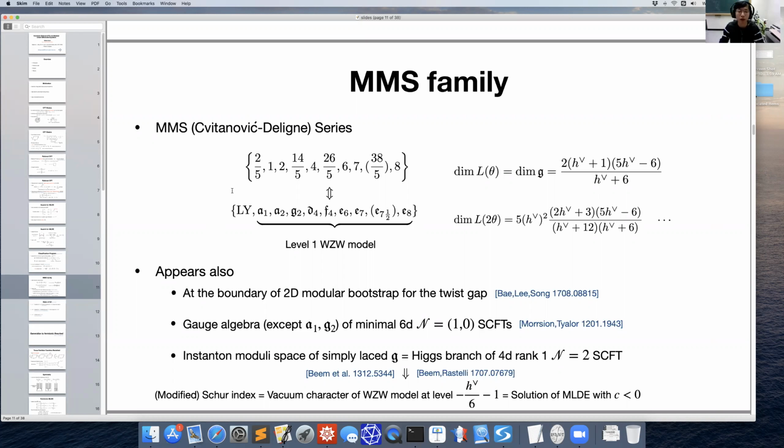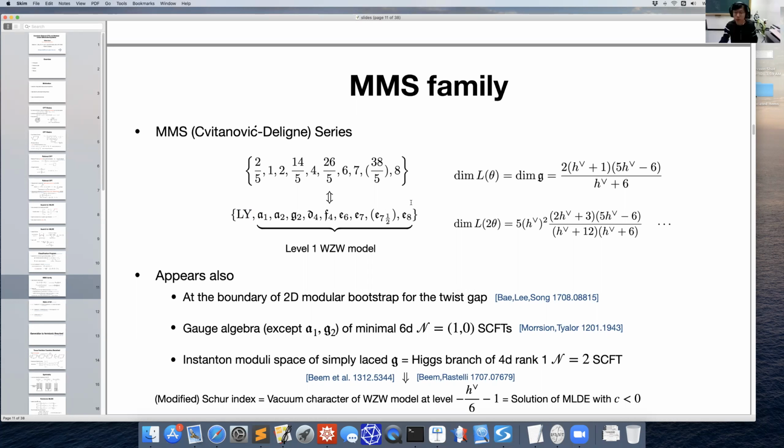And for the other primary of this family, you can identify it with the vacuum of Lee-Yang. You just write down the expression and you see that they are the same. So the character cannot tell unitary or non-unitary? Yes, absolutely. That's the point. Thank you.